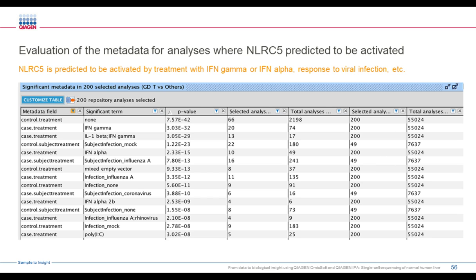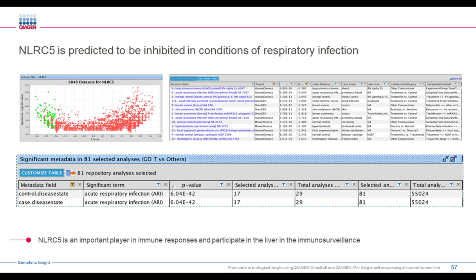Well, not surprising when you look at the case treatment, NLRC5 is predicted to be activated when the treatment is interferon gamma or interferon alpha, and in response to viral infection. That gives you the notion that that compound is pretty important in immune response in general.